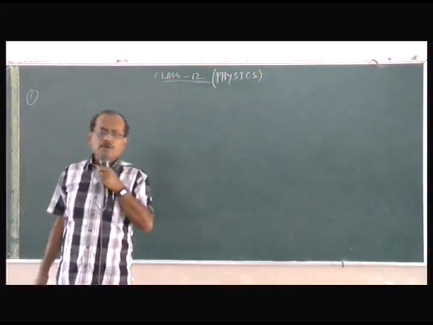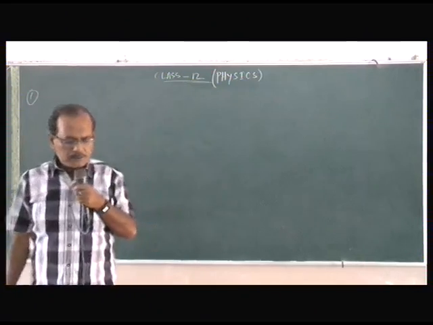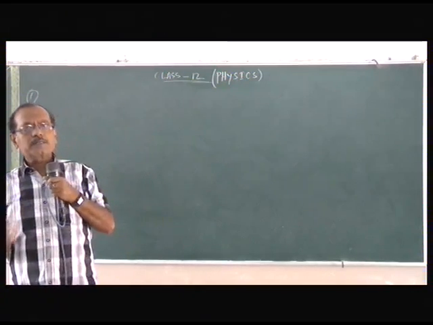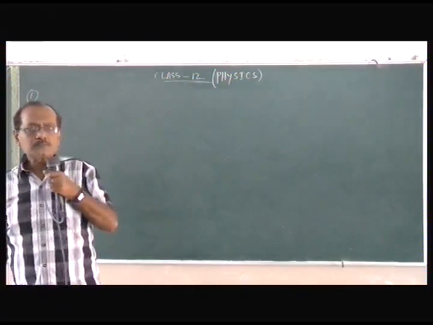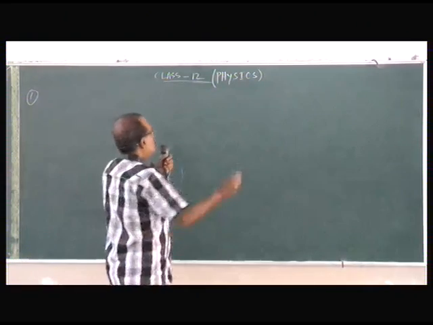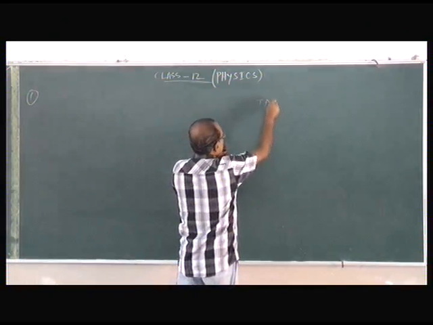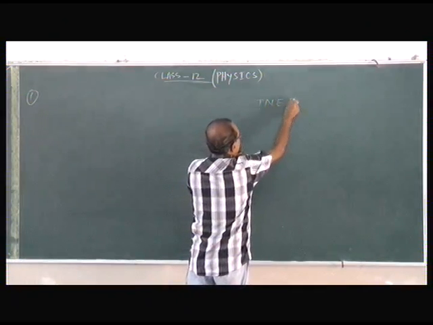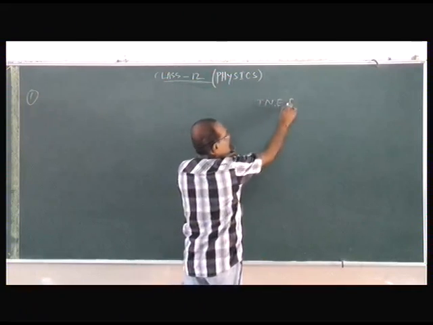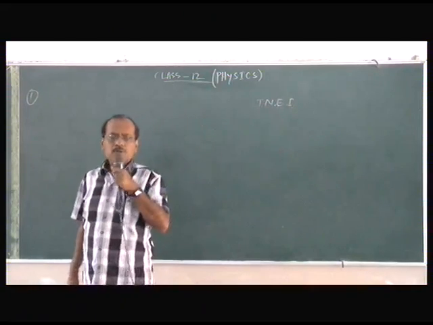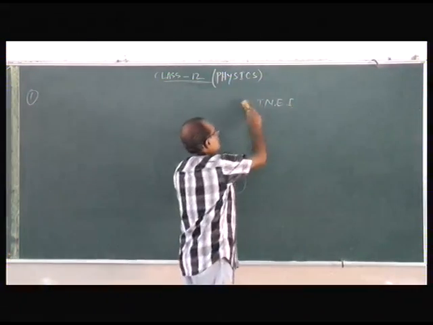Now, the statement of Gauss's theorem. Gauss's theorem states that the total electric flux, as I told you, that is TNEI we are writing, total normal electric intensity in some books, but it is better to write electric flux only, no problem.